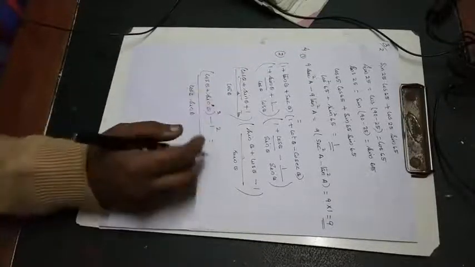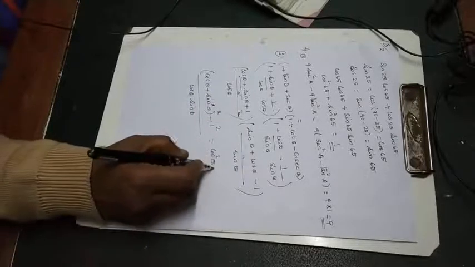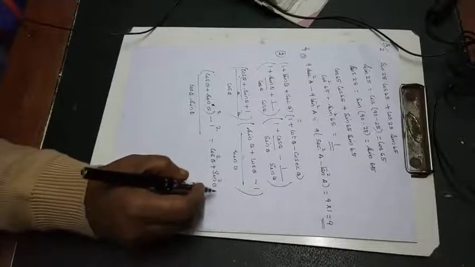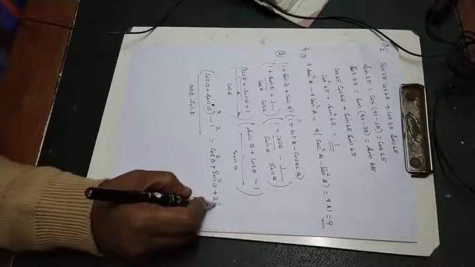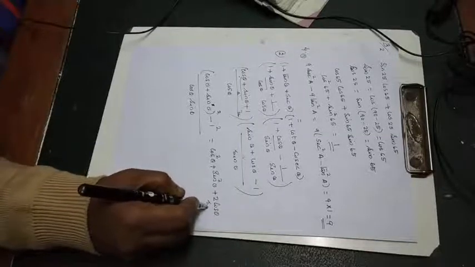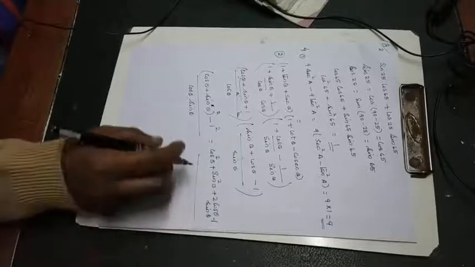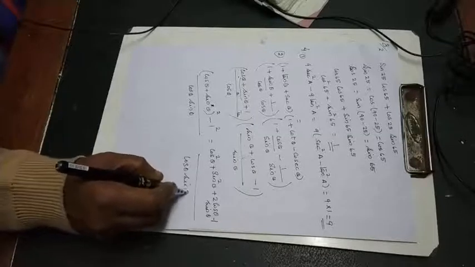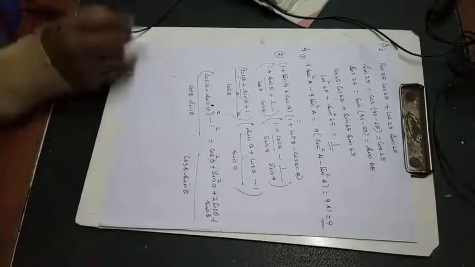Then open the bracket, you are getting cos square theta plus sin square theta, then plus 2 cos theta sin theta minus 1 by cos theta sin theta. But we know that cos square plus sin square is equal to 1.